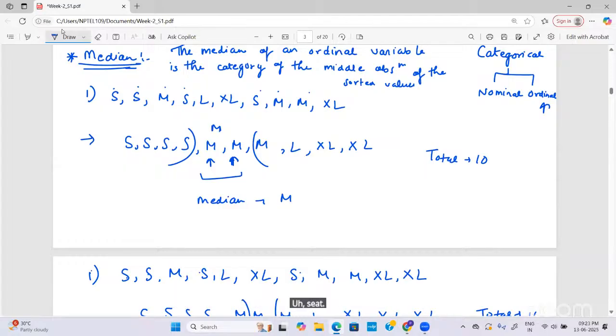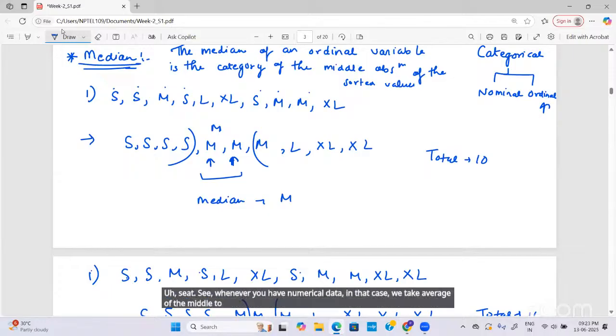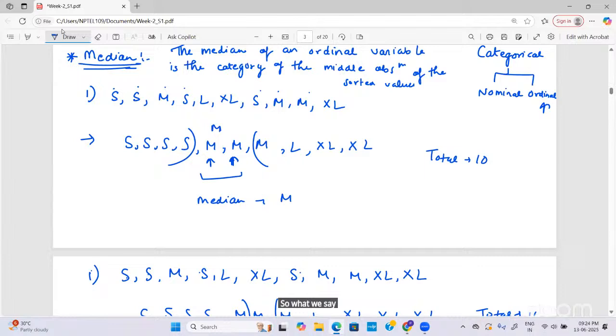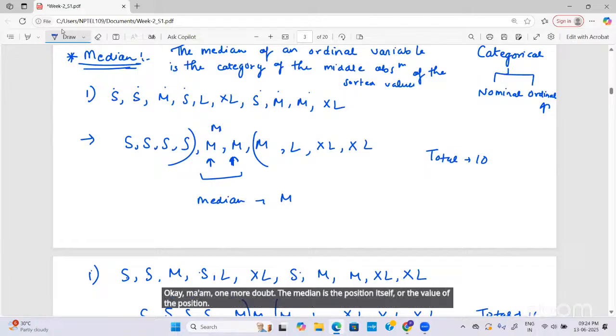Whenever you have numerical data, we take the average of the middle two observations. But here we have categorical data, so we cannot find the average. So either this or this will be the median. Ma'am, one more doubt: is the median the position itself or the value of the position?